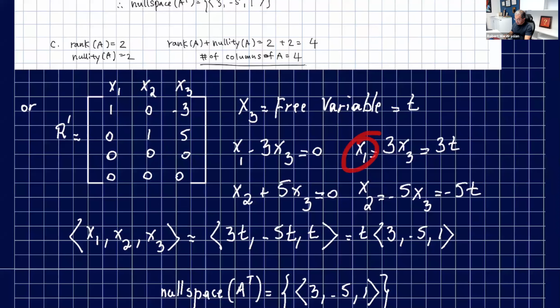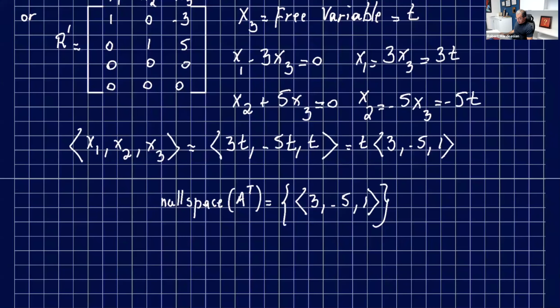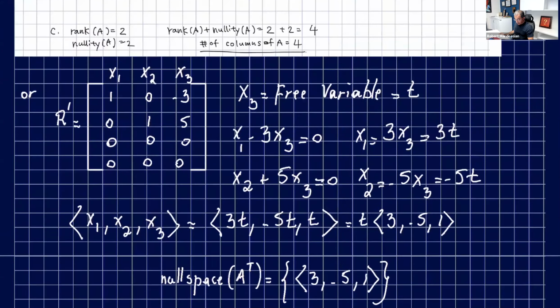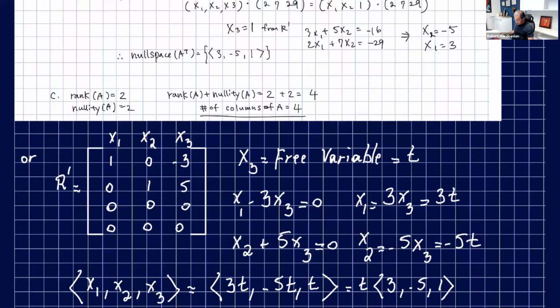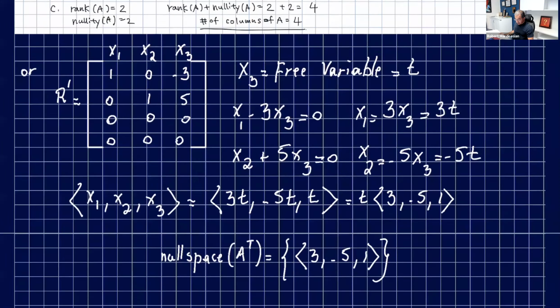You isolate x1, and here you isolate x2. So you get 3t, minus 5t, and t, and it's t times that vector, and that's a basis for the null space. It has only one vector, so the dimension is going to be 1.